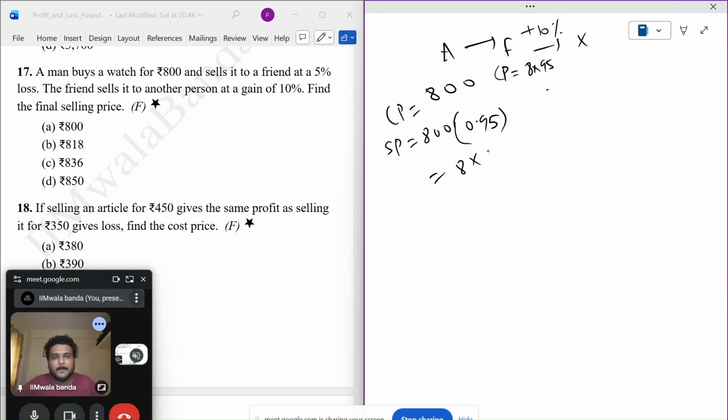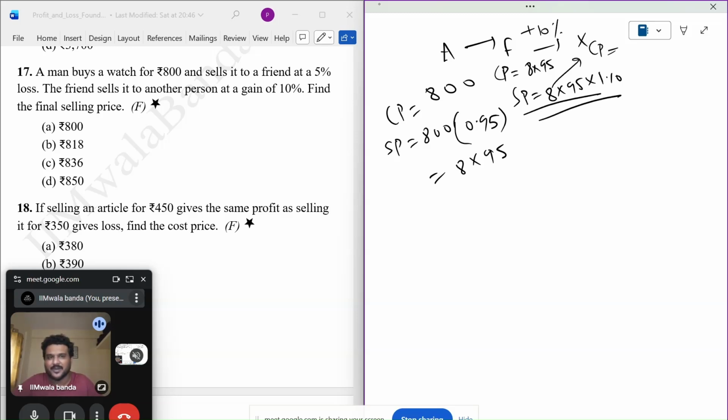Okay, we'll calculate if we have to. And then this cost price is getting sold at a profit. So this into 1.10 will be his selling price, which will in turn be the cost price for this guy. Someone's selling price will be another person's cost price. That is the concept that I want you to grasp. So this is the cost price for him, and they want the final selling price.